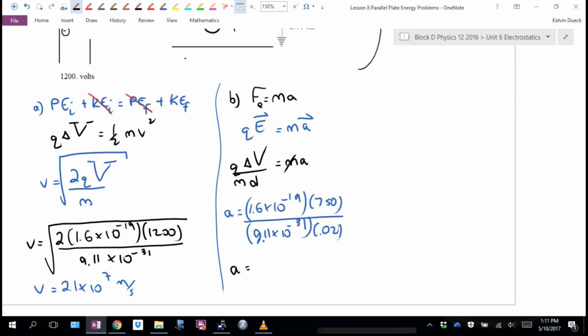What do you get? 6.6 times 10 to the 15th? And that's an acceleration, not a speed, so that can be magnitudes larger than light because the acceleration has nothing to do with the speed of light. Meters per second squared.